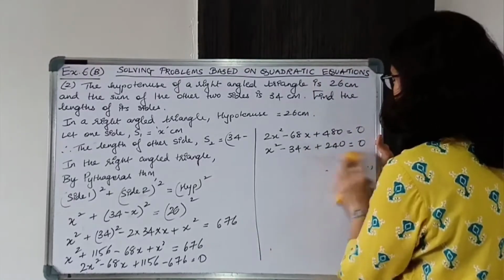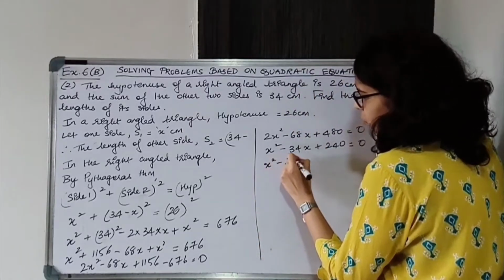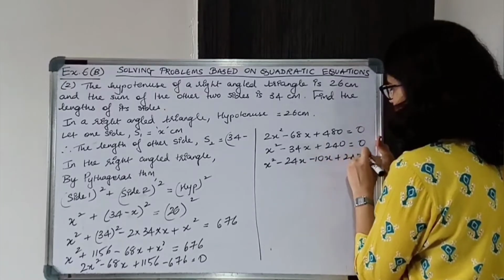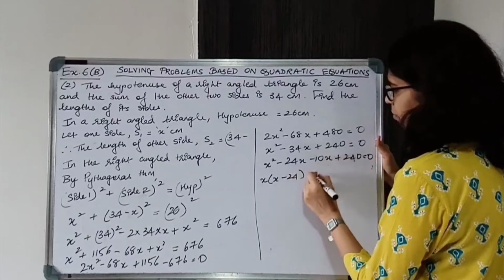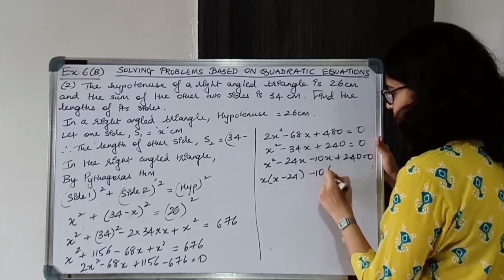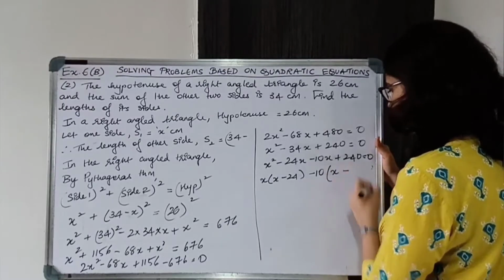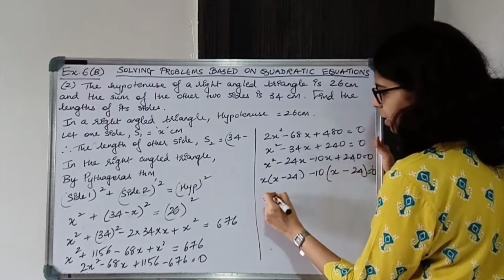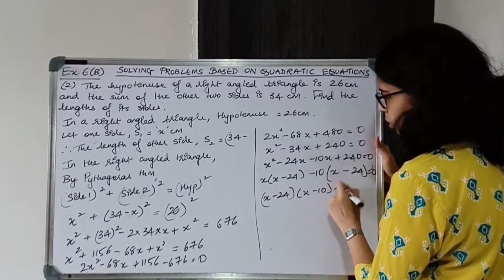So splitting the middle term, x square minus 24x minus 10x plus 240 is equal to 0. So taking x common, x minus 24, you're taking minus 10 common, in bracket signs will change, this will become positive, this becomes negative, 10 24s are 240, so we get x minus 24 into x minus 10 is equal to 0.